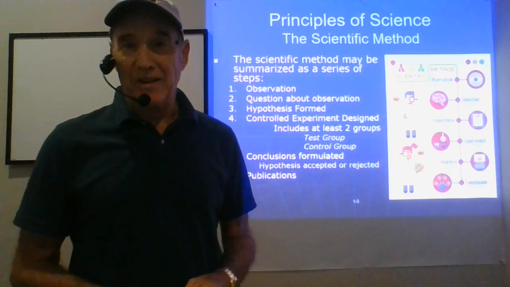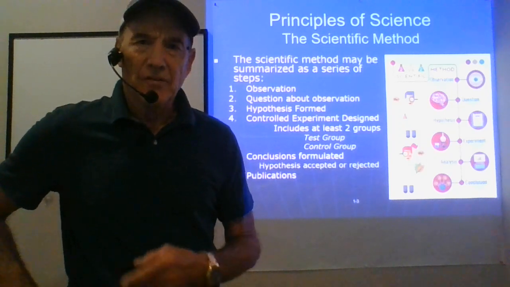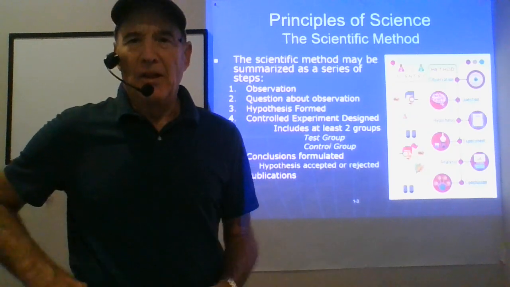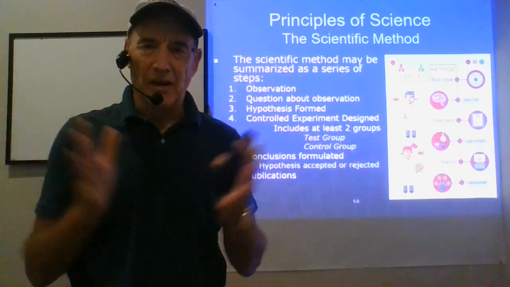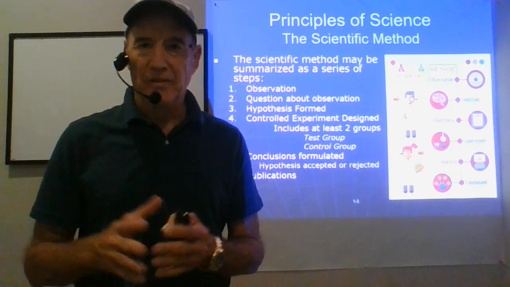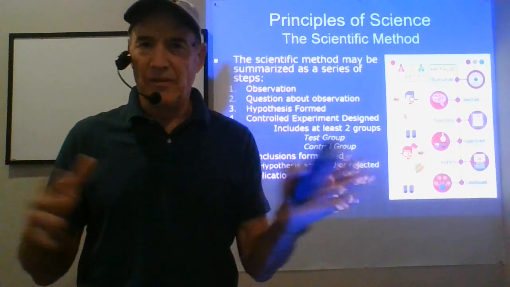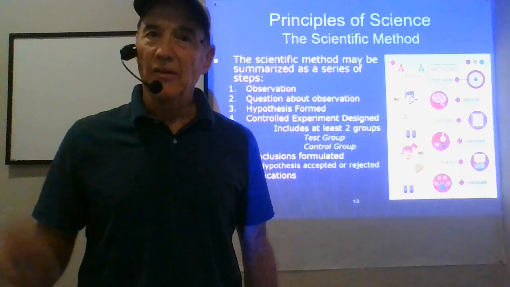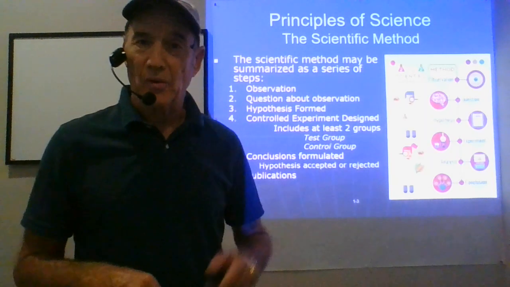Now, it's not going to prove anything, but it's going to give some information, some evidence of something. And when lots of evidence from lots of different experiments is gathered, and all those experiments support one another, then over time you eventually end up with a law or a principle.